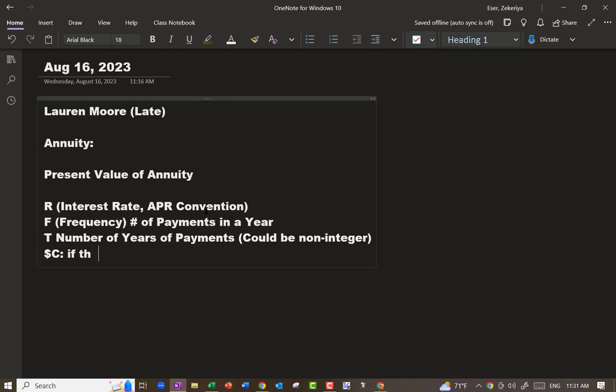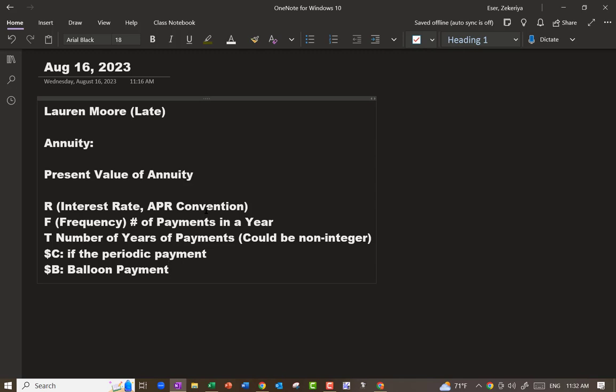I'm going to have also a $B. This is a balloon payment. It is unlikely you will see something like this for car loans and mortgages, but there are cash flow systems that look like annuities with a balloon payment. One example would be a treasury bond.